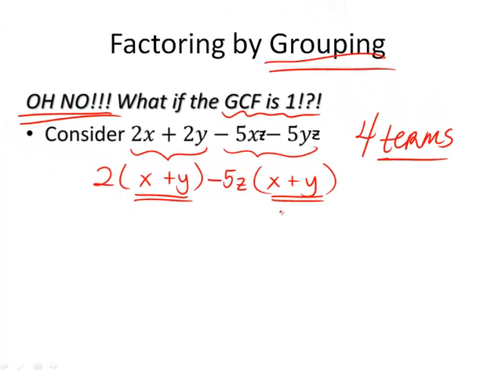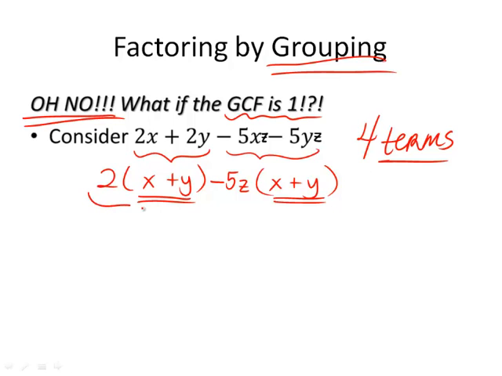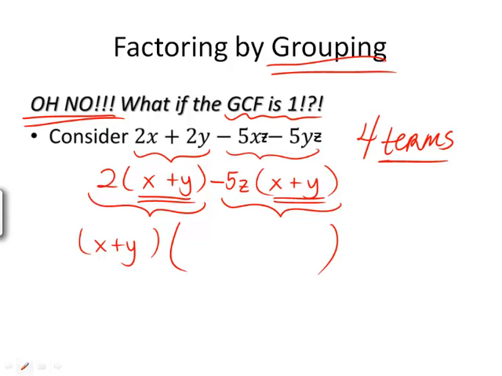Now what's happened is we have a common factor, and what has also happened is our 4 terms became 2 terms. So what is the greatest common factor between these 2 terms? The bracket is the common factor. The bracket is outside, and now we're looking at what is left inside. Let's just take that and highlight it.